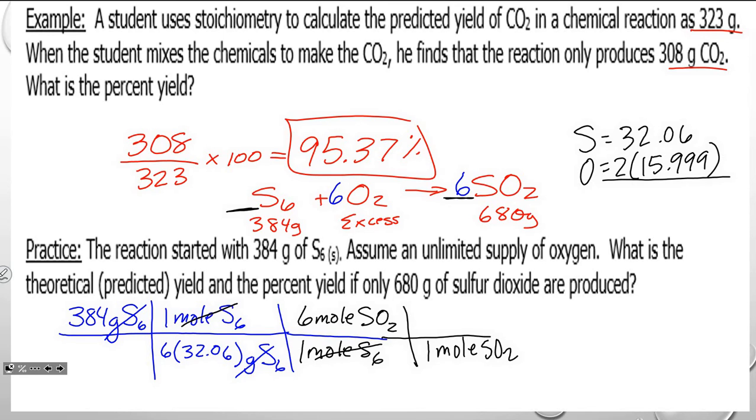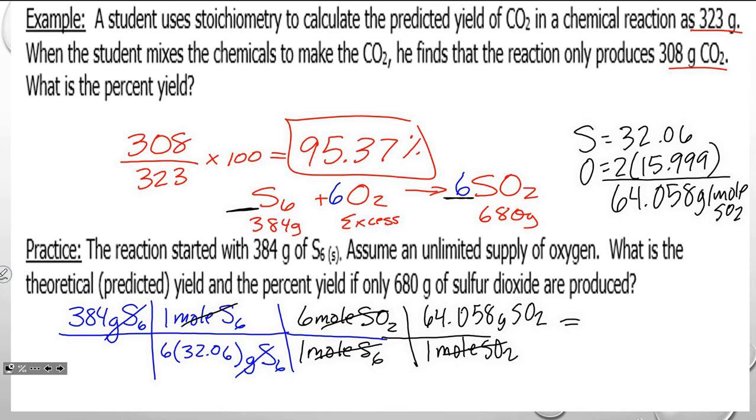Should be around 63-ish. 64.058. Thank you. That's how many grams per mole there are of SO2. So here I'm going to put 64.058 grams of SO2. The moles cancel out.